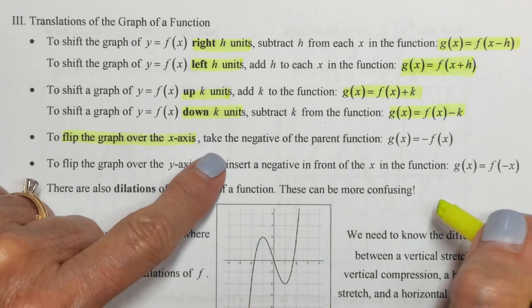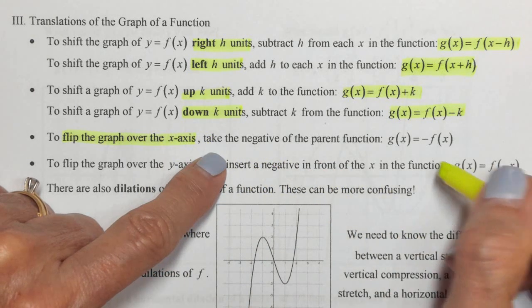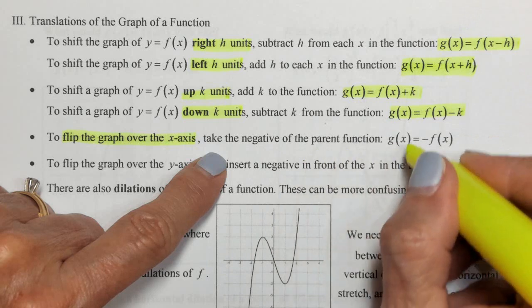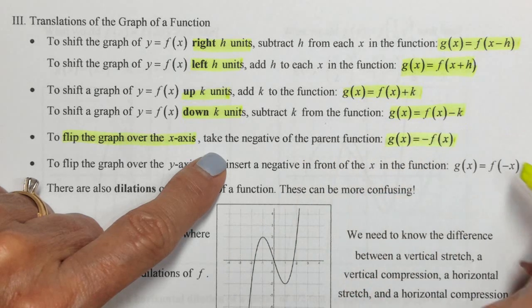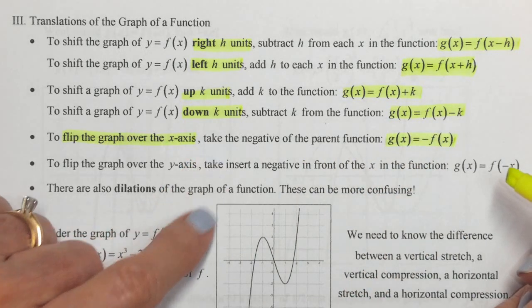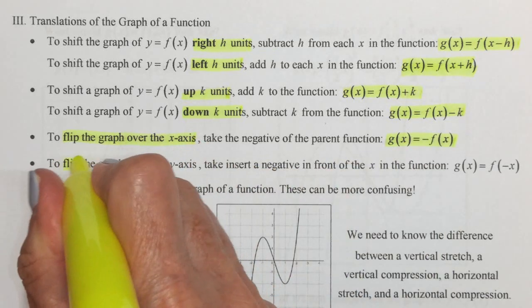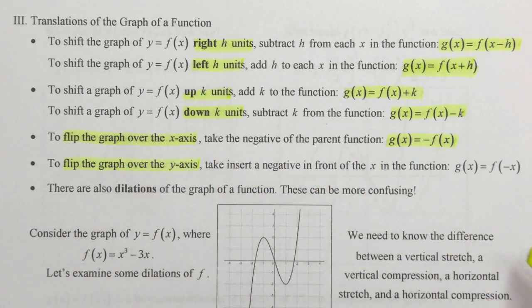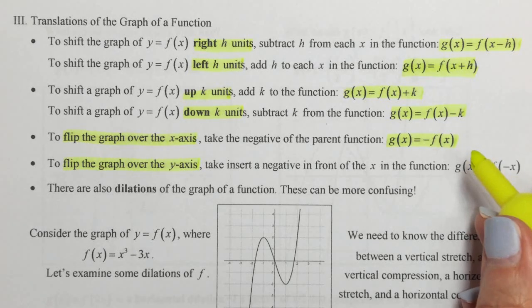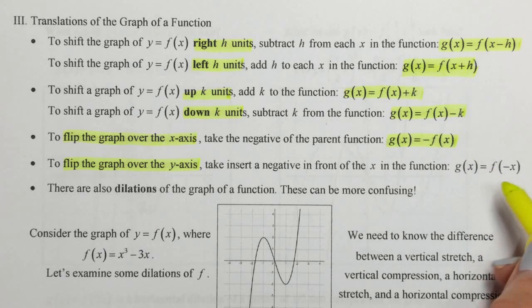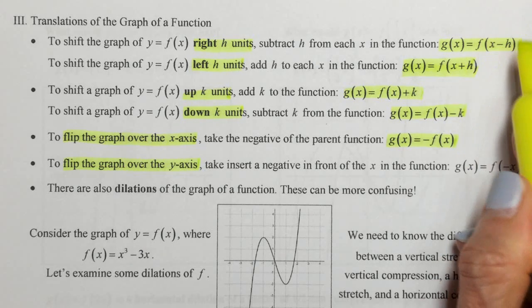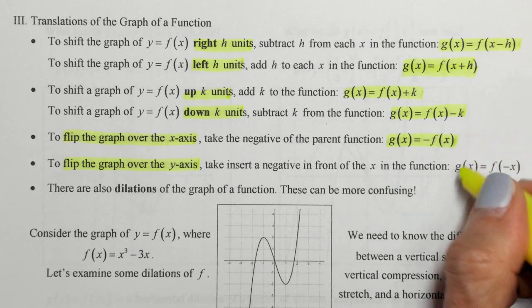You take the negative of the entire function, okay, of the entire parent function. So g would be negative f of x. To reflect your graph over the y-axis, you put a negative in front of the x, okay. If there's a shift and a reflection, you put a negative in front of the shifted x, all right?